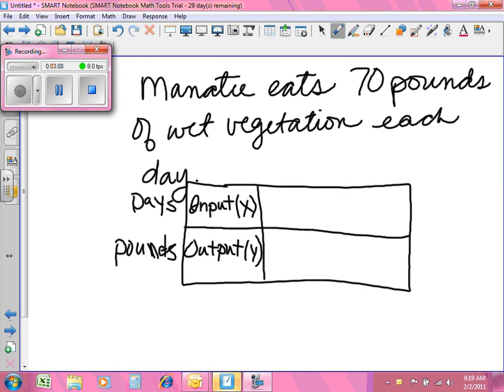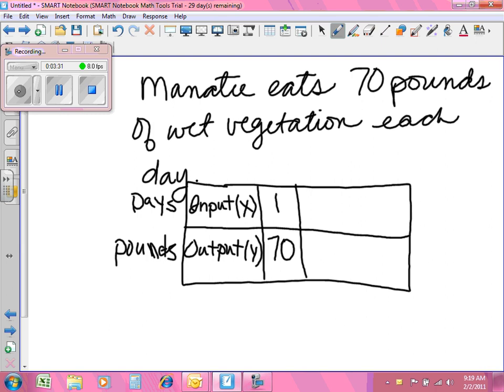So, what are we given? What's the information that we're given? Cassidy. 1 day equals 70 pounds. Okay, 1 day he eats 70 pounds. So, how many pounds does he eat in 2 days?